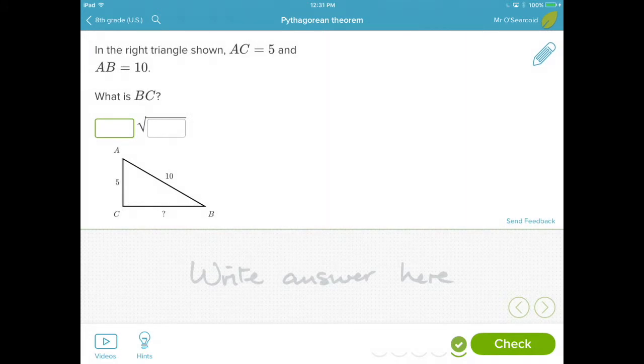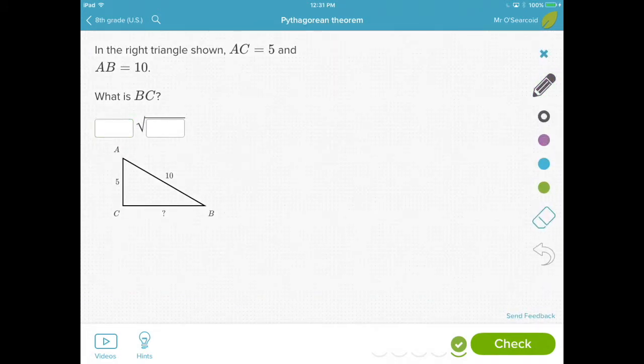Next problem, we have the hypotenuse in this problem, so we need to manipulate our Pythagorean theorem a little bit. So we've got a squared plus b squared equals c squared, but we already have a and c. Okay, so we're looking for b squared.